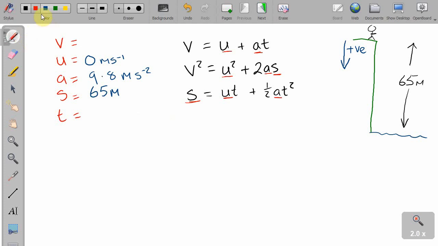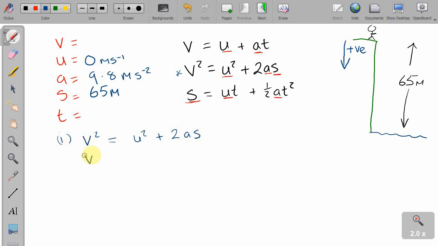So let's start. We'll do part one of this problem, which was to work out the final velocity of the stone just before it hit the water. So we're going to use this equation here because we have V here and all the rest of this is known. So V squared, a V term I mean, is equal to U squared plus 2AS, like that.